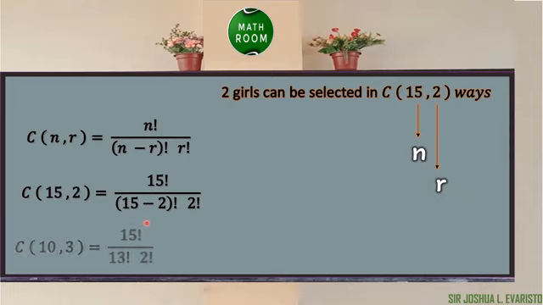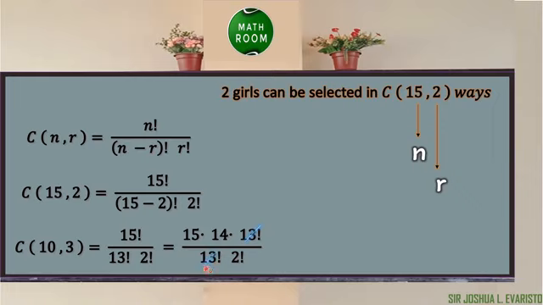After substitution, let us evaluate inside the parentheses. 15 minus 2 is equal to 13. So we have 15 factorial over 13 factorial times 2 factorial. 15 factorial can be written in the form of 15 times 14 times 13 factorial, so that we can cancel 13 factorial on the numerator and on our denominator.